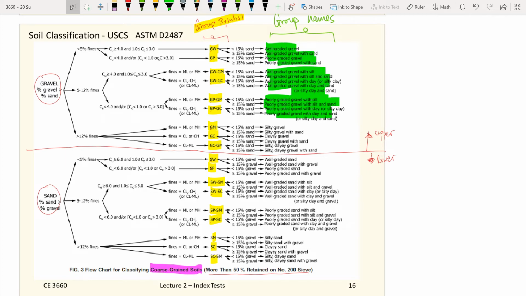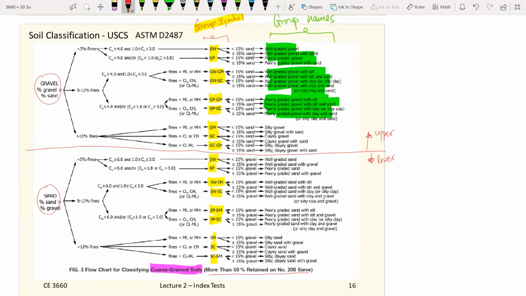First of all, you need to determine whether you have more gravels or more sands. If you have, at the beginning, more than 50% retained on number 200, so within those more than 50% of materials, you compare whether you have more sand or more gravel. Then it determines whether you use the upper chart or the lower chart.